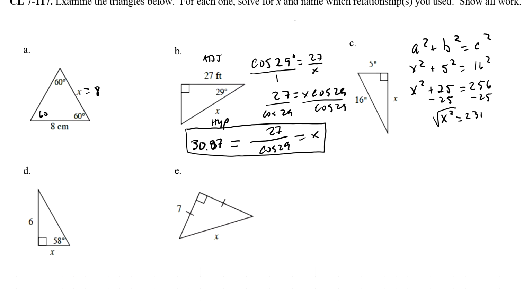And then you have to take the square root of both sides, so x equals the square root of 231. That's an exact answer, and when you do the square root of 231, you get roughly 15.2, and that would be inches.